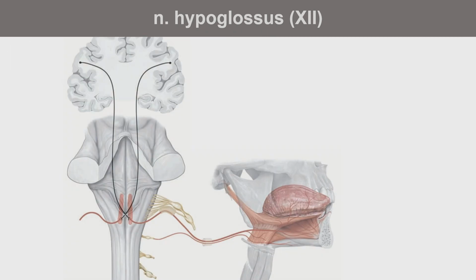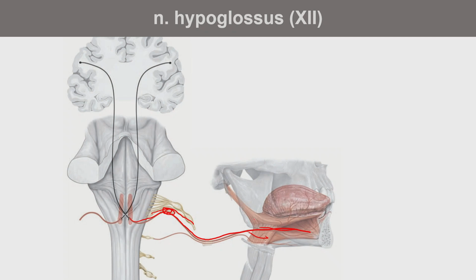The hypoglossal nerve is a pure somatomotor, so for skeletal muscles, for muscles which are moving the tongue. Then, again, we have here the structures which are going into the hypoglossal canal.